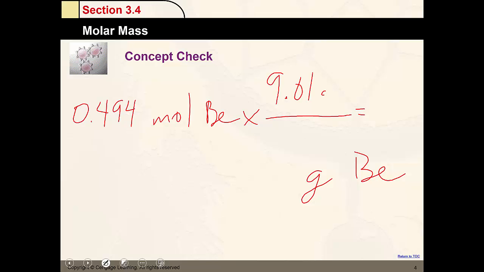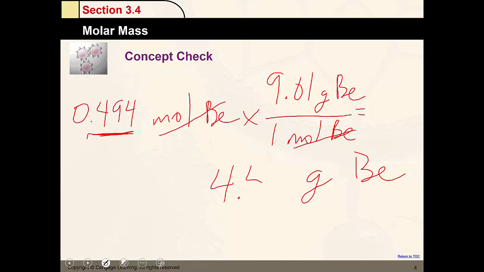So 9.01 grams of beryllium over 1 mole of beryllium. So those units cancel. And when you multiply it out, we ignore the sig figs of the atomic mass. Here there are 3 sig figs. So in our answer, there should be 3 sig figs. So here you would get an answer of 4.45 grams of beryllium.